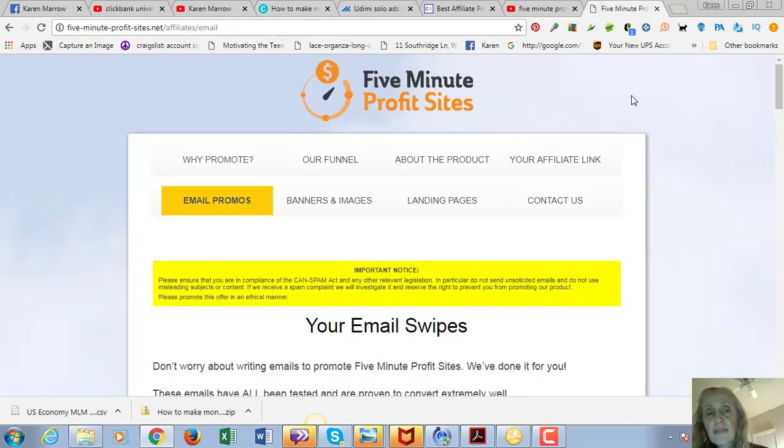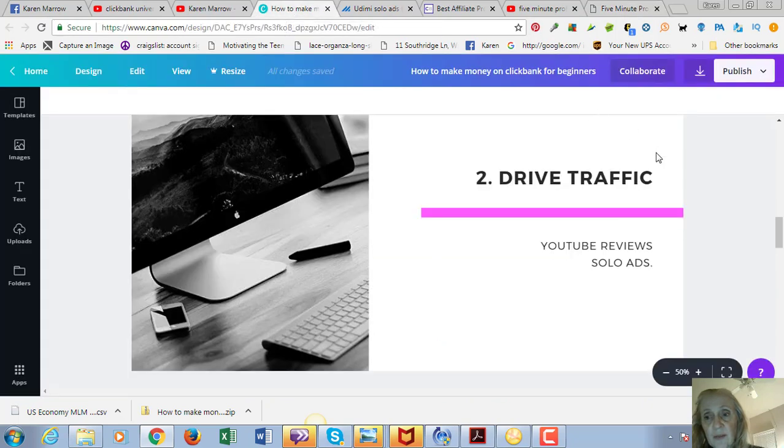As you're building your email list, you're developing a relationship with that list and providing them with links to other offers that may help them. Sometimes people are interested in one, other people will be interested in another one, so it's important to provide them with different choices.